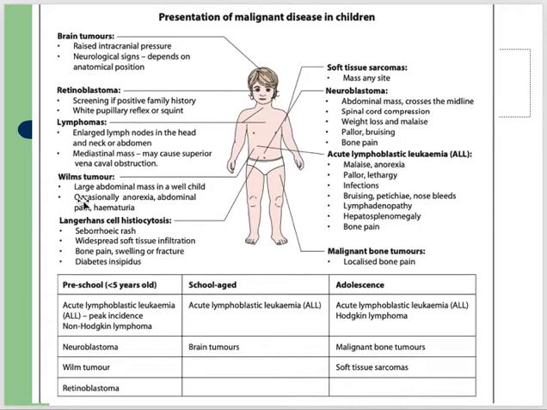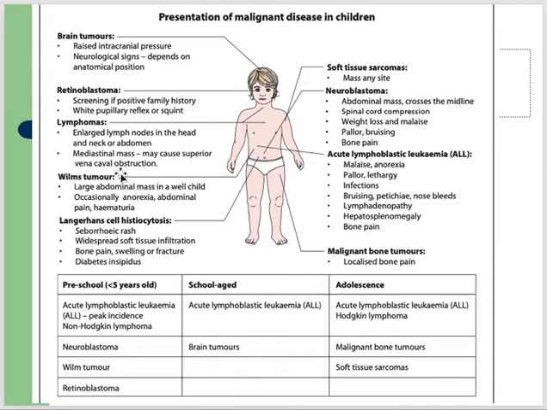Now, Wilms tumor, also called nephroblastoma, is one of the tumors present in the abdomen. As I told you, whenever a newborn baby is diagnosed with a mass in the tummy, always think about Wilms tumor, right?